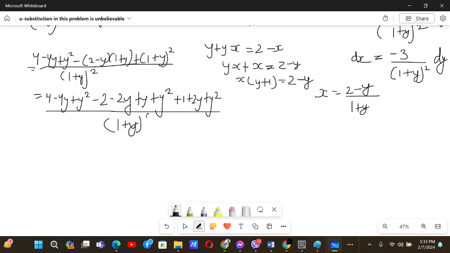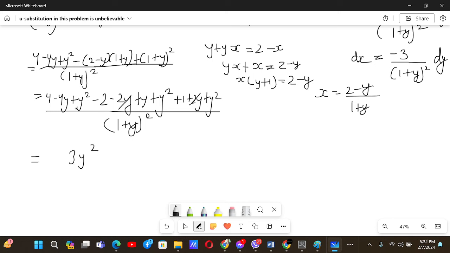These expressions might seem a bit complicated, but the problem is made in a way that this should actually work. The problem itself has been made with a lot of attention, so that's why all of these will at last get into a pretty nice form. Now we can cancel the 2y, and then we have 3y square.